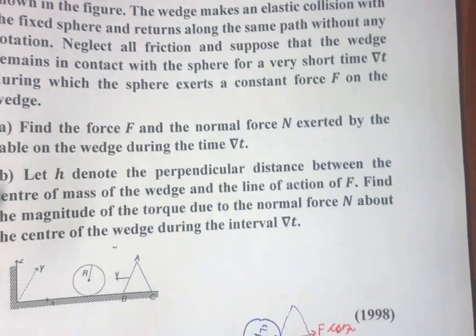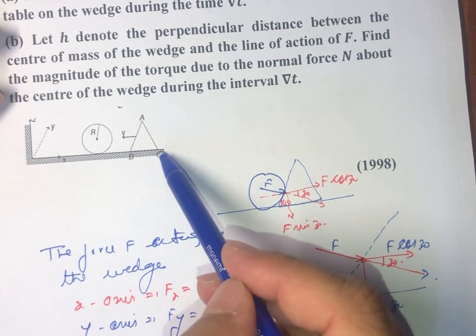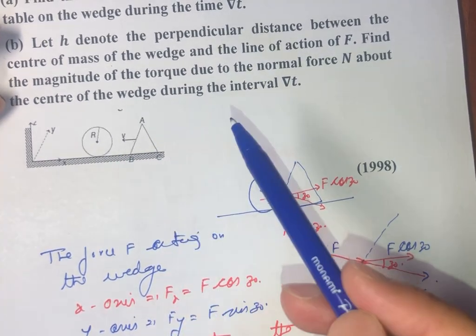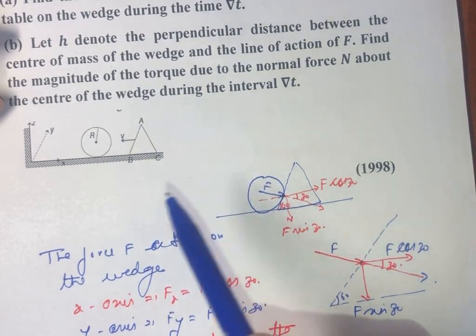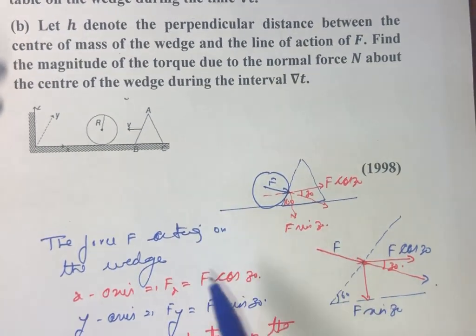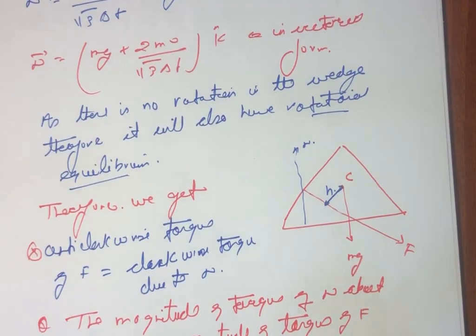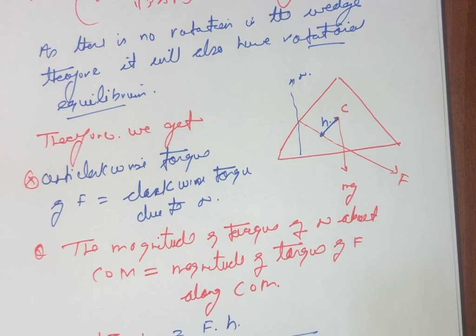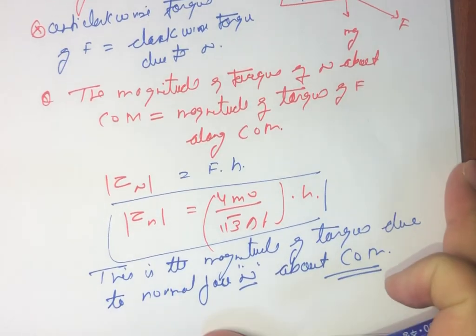It means all the torques acting on the wedge will also be balanced, so anti-clockwise and clockwise torque will be equal to each other. These are the two properties used to solve the question. So this completes the question. Thank you.